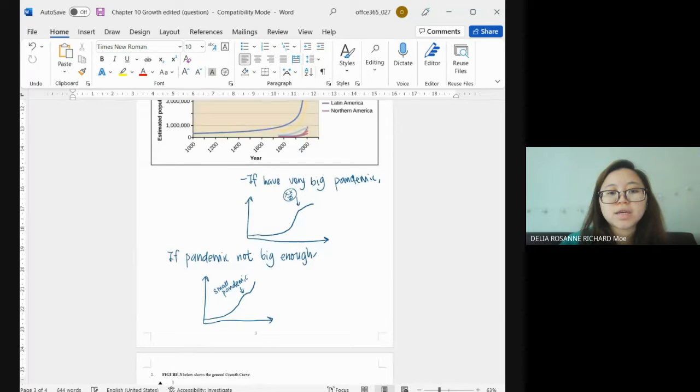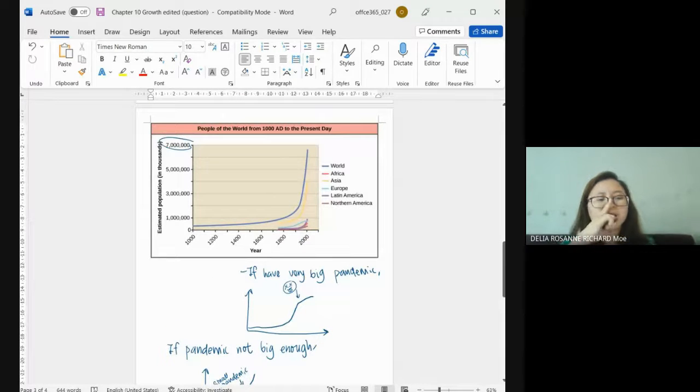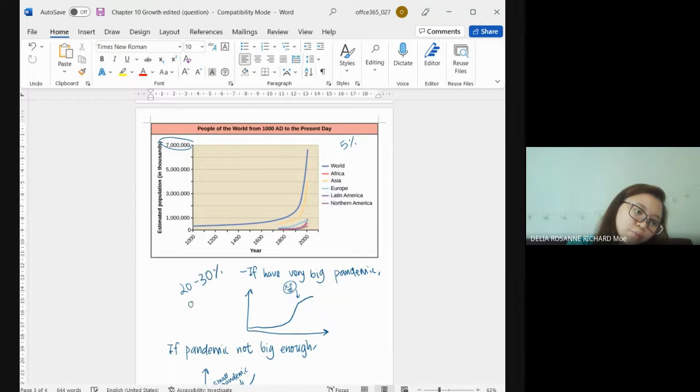By not big enough, I don't remember the statistic. Macam in 2020, COVID only kills about like what? 5% of the population that it infects. A very big pandemic would mean like, I don't know, 20 to 30% of population.